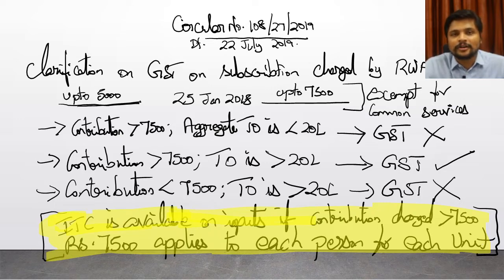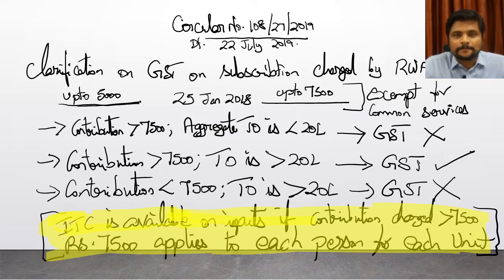In that case, you cannot claim input tax credit on the inputs or on the supplies you receive for that maintenance, because that input tax credit will not meet any output tax liability. So that is the provision relating to this.